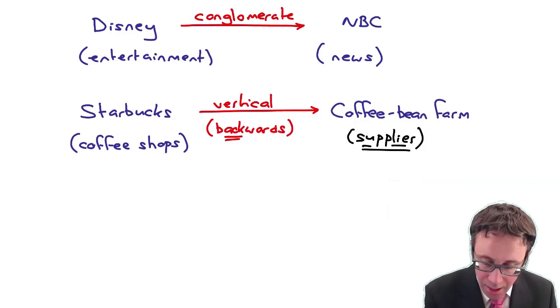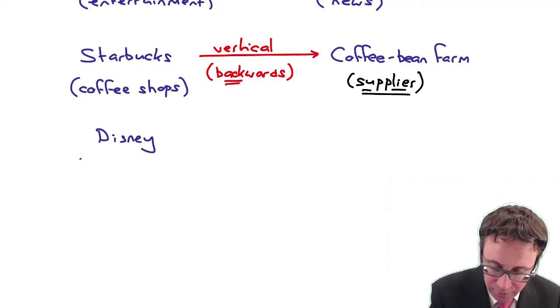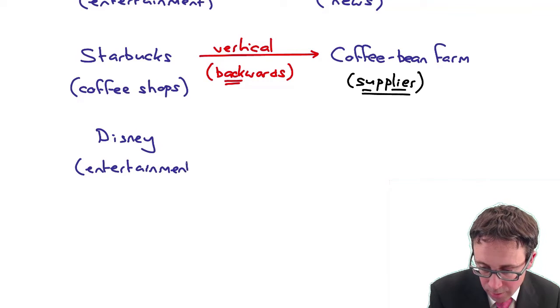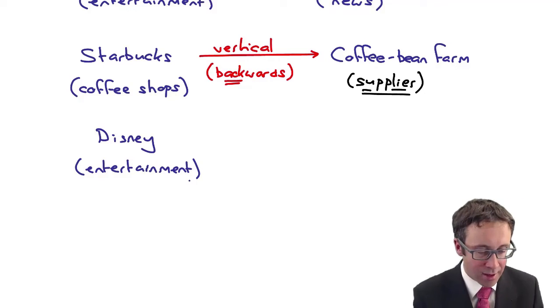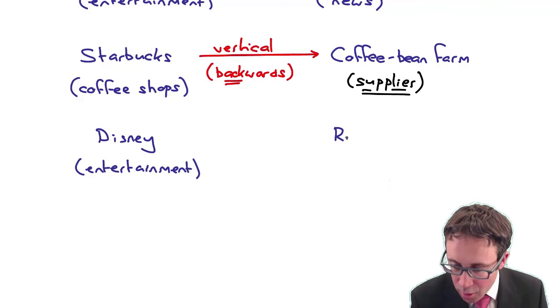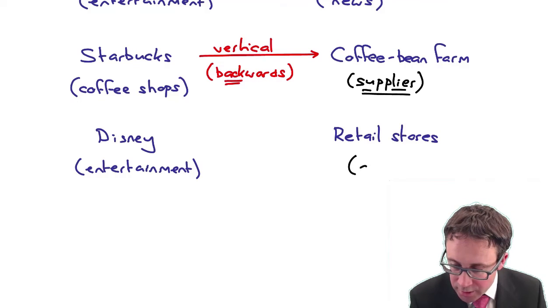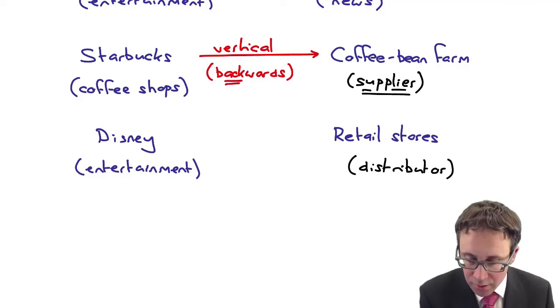whereby what you could also go through and have there as well is, let me get this one right, again going back to the world of Disney. Disney could be there, again still the same industry, isn't it? The entertainment industry. What Disney could go through and do there is could merge or acquire some retail stores, okay, because those retail stores are your distributor, okay, so they are part of the supply chain.